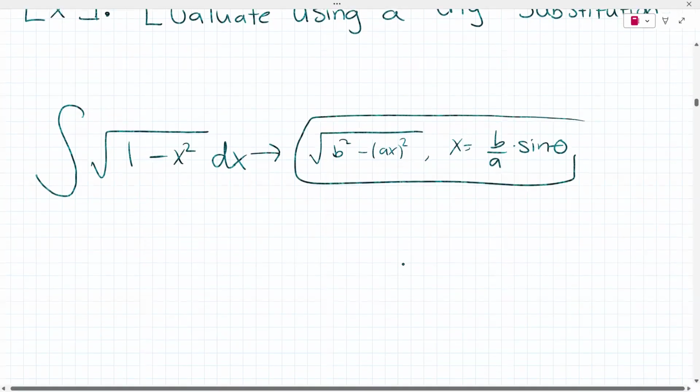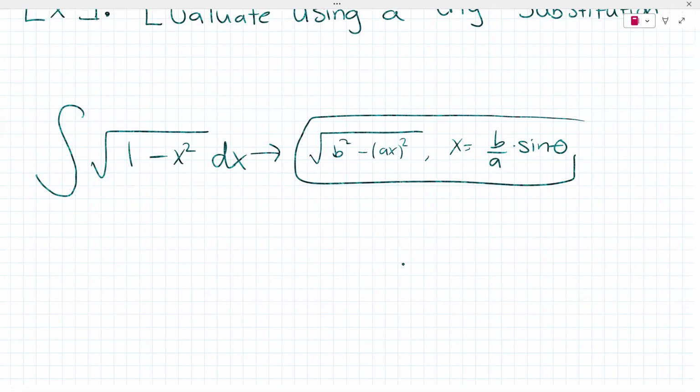If that's the case, our x is going to be b over a times sine theta. So what is our b and what is our a? This number here is b squared. What number squared gives you positive 1? 1. And a is an invisible 1, like saying 1x squared, which is the same thing as x squared.